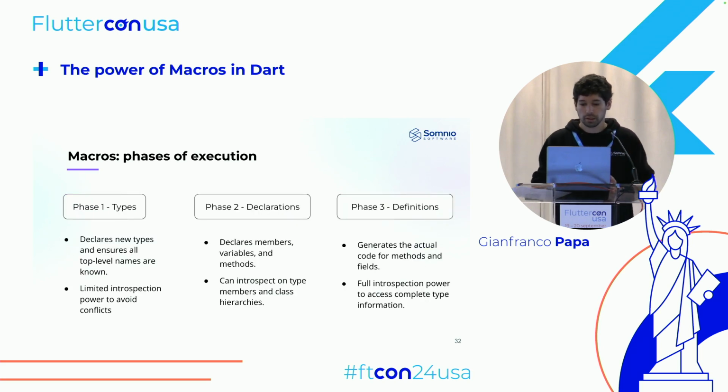Then the other thing I was mentioning earlier in the JSON library is the phases of execution of the macro. This is really important, especially when writing a macro, because imagine that all of the macros in our code base are coexisting, and if something goes wrong, it's going to leave an inconsistent state from my previous code base. So the Dart team came up with defining three different phases.